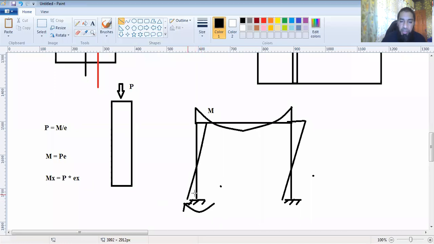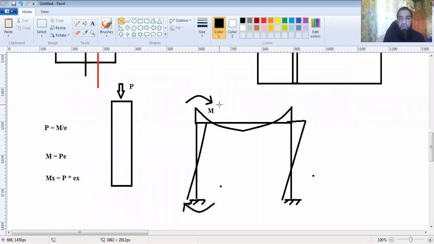Now it depends upon the rigidity of this support here. Whatever moments you are applying at the top of the column, how are you applying that? You're not applying the moments.